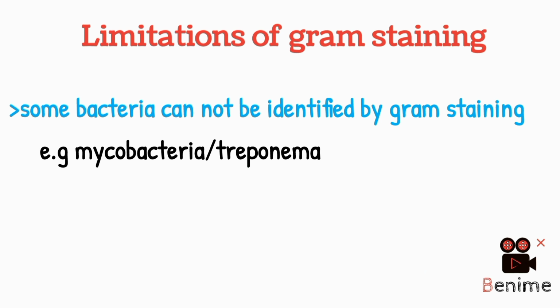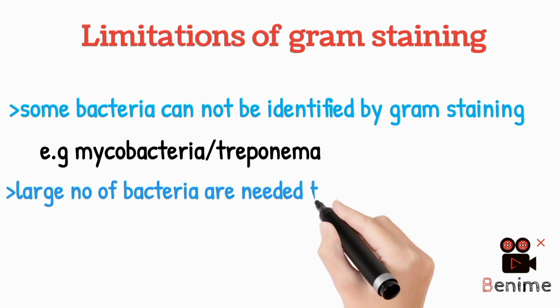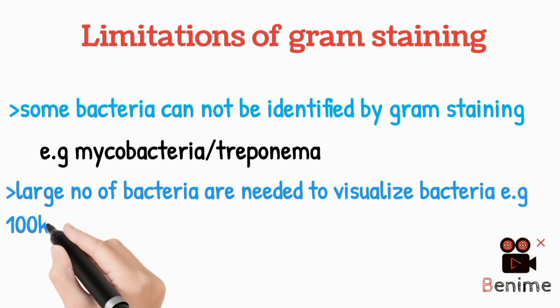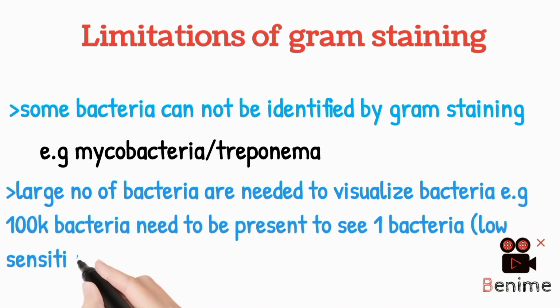And then finally, another limitation of gram staining is that you need a large number of bacteria just to see a single gram-positive bacteria. That means almost 100k bacteria need to be present to see just one bacteria under the oil immersion lens 100x. So that means that the procedure of gram staining has low sensitivity.